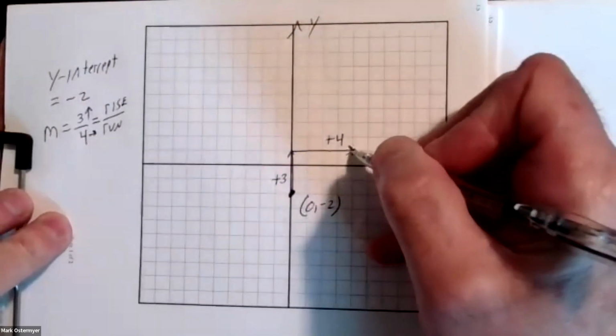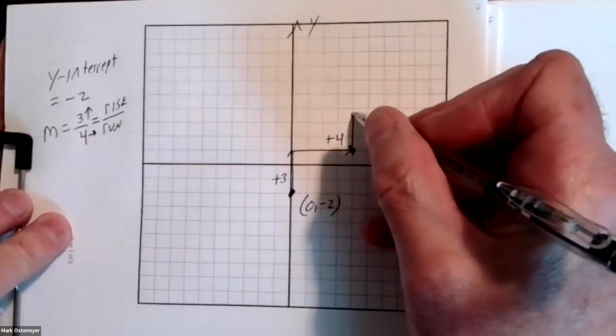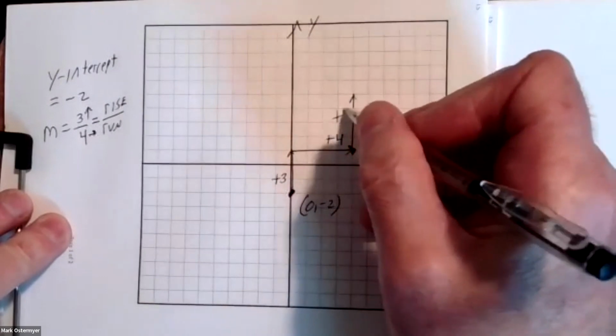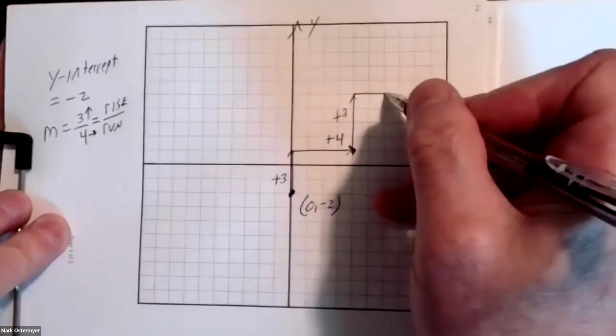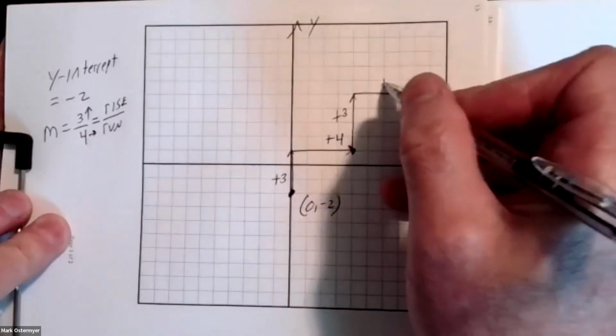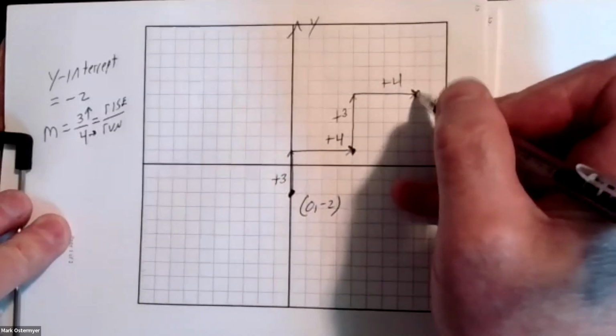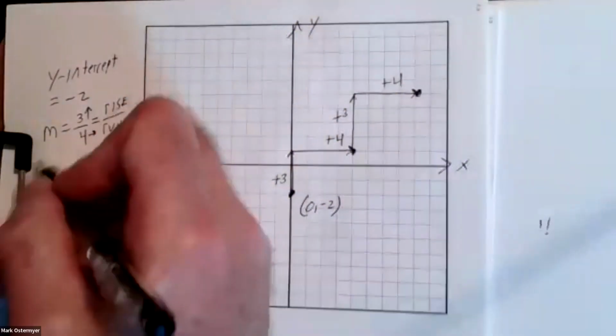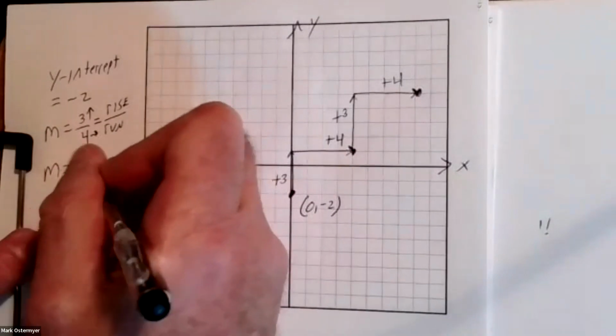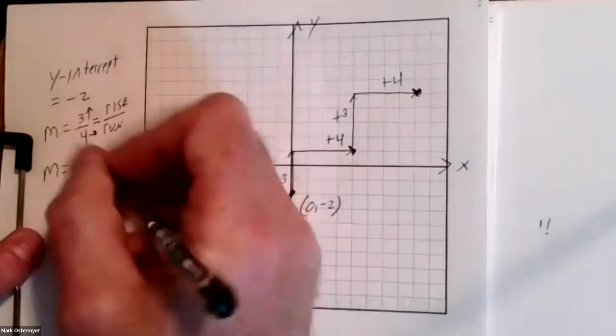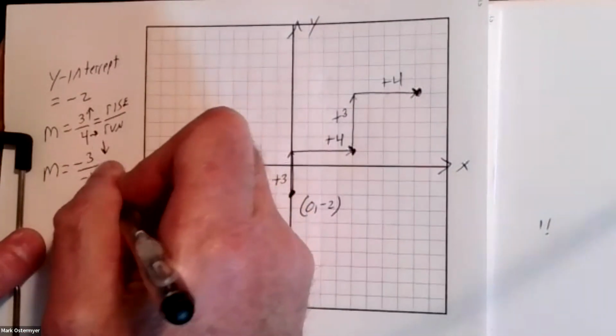We could do that again. Up 3. 1, 2, 3. And a run of 4. 1, 2, 3, 4. And there better be another point on our line right here. Or I could have viewed my slope as being -3 over -4, which means I go down 3 and to the left 4.